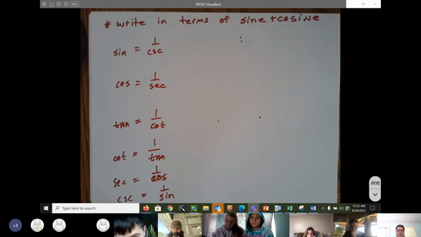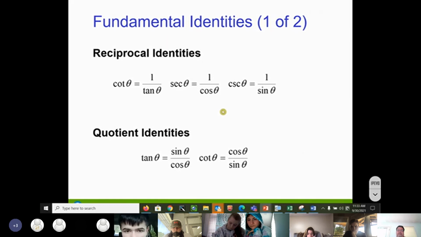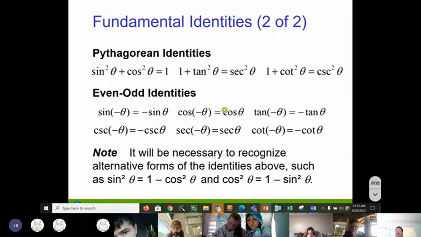All right, so let's look at the slides. And another thing I found out, the slower I go here, the better. Because if y'all screw up any unit, it's this unit. This is the unit y'all screw up. So there's the Pythagorean identities. That's what I told you was the 3rd most important. And the even and odd identities.